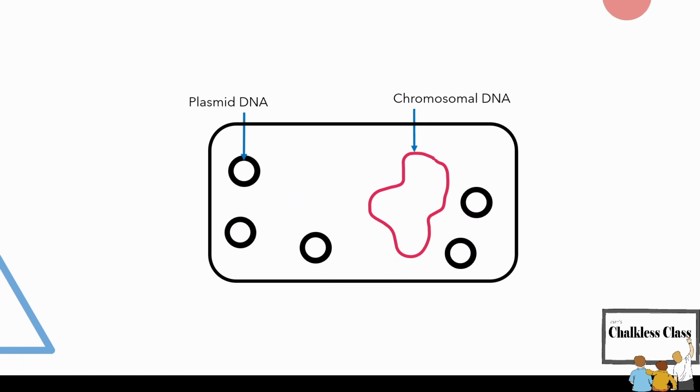Plasmids are meant for several purposes. For example, the F plasmid is useful for the production of conjugation pili. Some plasmids have antibiotic resistance genes which can withstand the action of antibiotics.